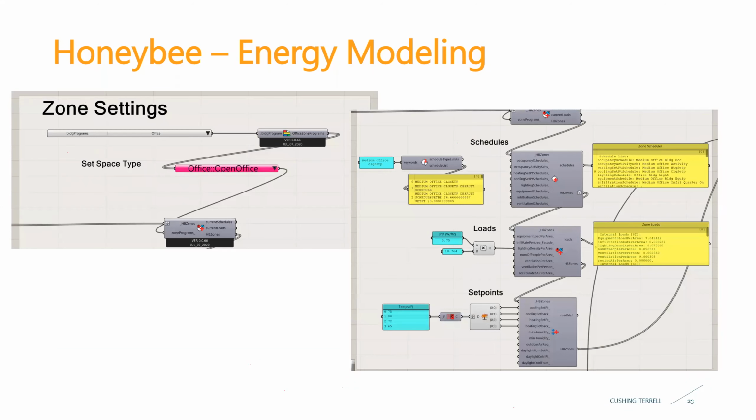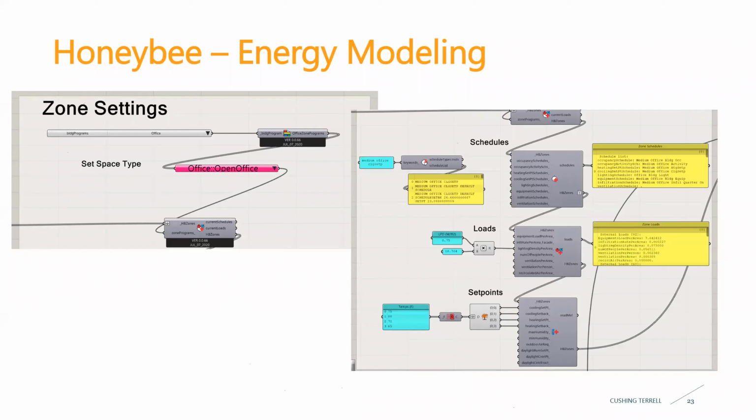So after you do that, you can move on to setting the zone parameters. This is where you can set the space type. In this case, I just set everything as an open office, but you could select from the building programs drop-down list. There's quite a few EnergyPlus defaults in there, hospitals, schools, that kind of thing. And within each building program, you have your different zone programs.